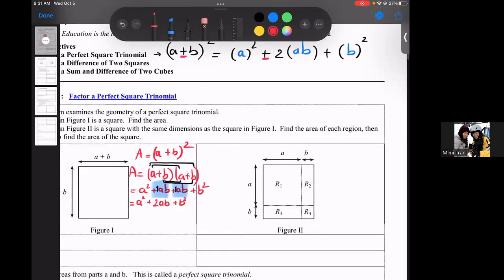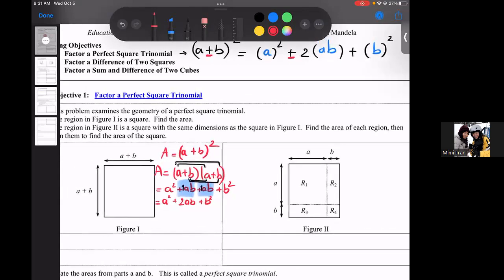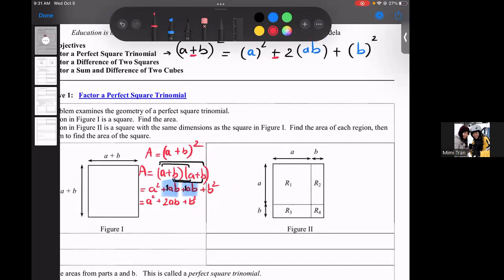All right, let's do the second one. I want to find the area of this big rectangle. They denote a region with R, for region. So what do I want?